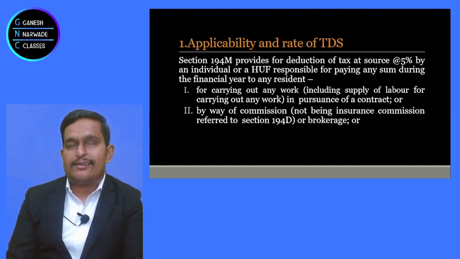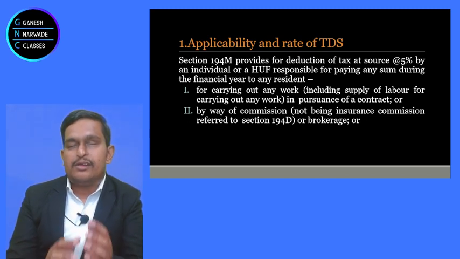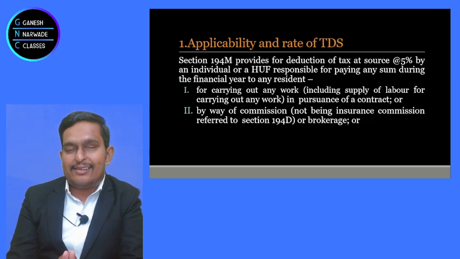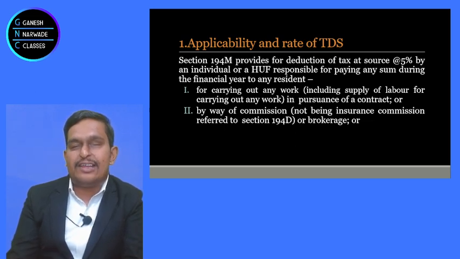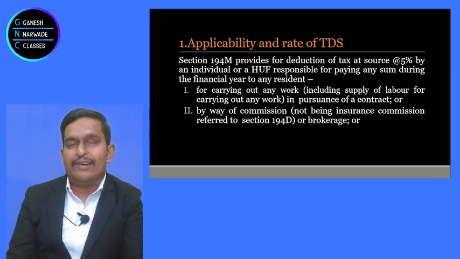In this case, the commission you paid is also subject to TDS under section 194M. So basically 194M talks about personal contracts where you pay more than 50 lakh rupees in one financial year. Now let's see one after the other what it actually means.